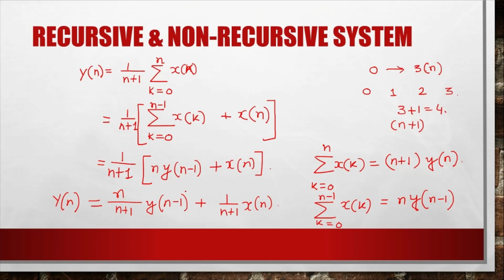So if previous values of outputs are associated with the system response, then that type of system is known as a recursive system.